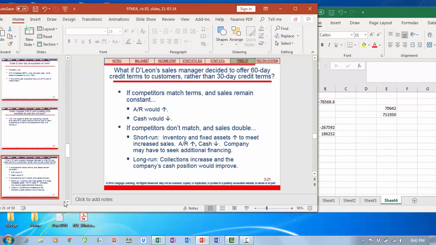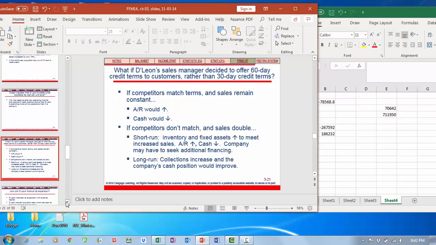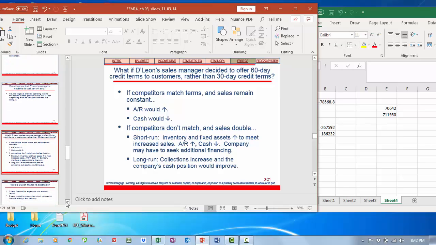What if DeLeon's sales manager decided to offer 60-day credit terms to customers rather than 30-day credit terms? Now, that can be good or bad. If the competitors match the terms, sales remain constant. That is, if everybody in the market also starts extending 60 days, then this is going to create a status quo.